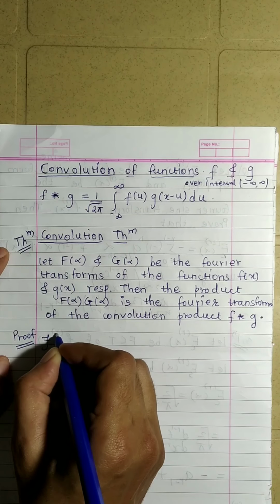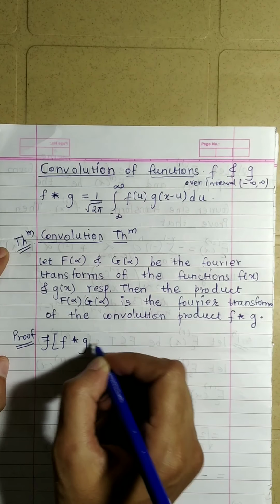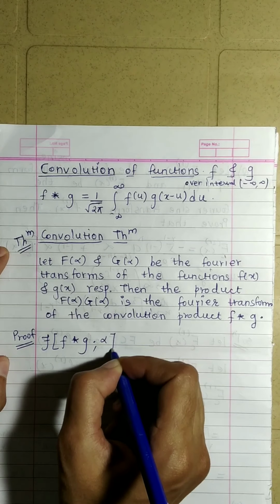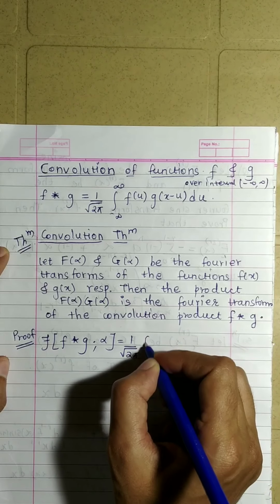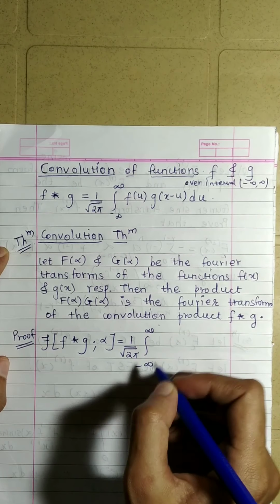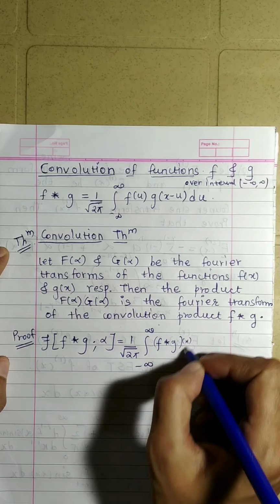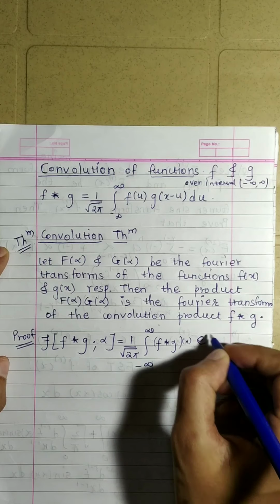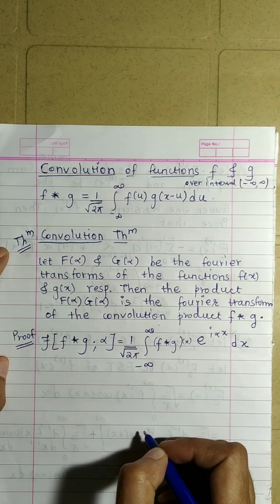By the formula of Fourier transform, it is 1 upon root of 2 pi integral from minus infinity to infinity this convolution product into e raised to I alpha x dx.